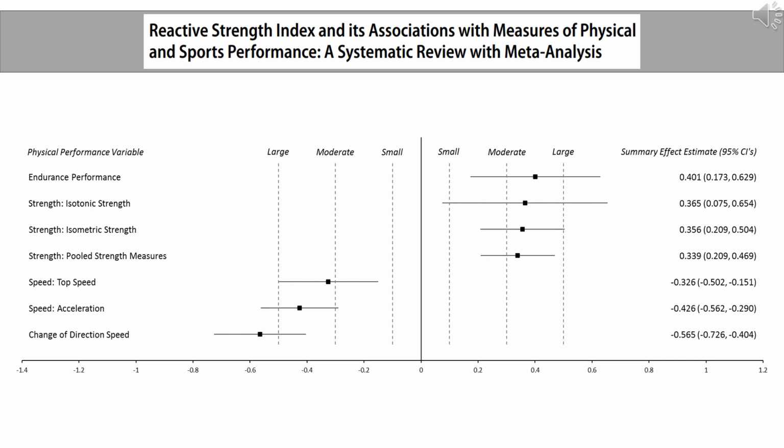And I think it's important to outline here that firstly, many practitioners assume that the outcome measure of RSI is the metric we should be monitoring from drop jumping or rebound jump testing. But reactive strength, remember, is a ratio or an index.